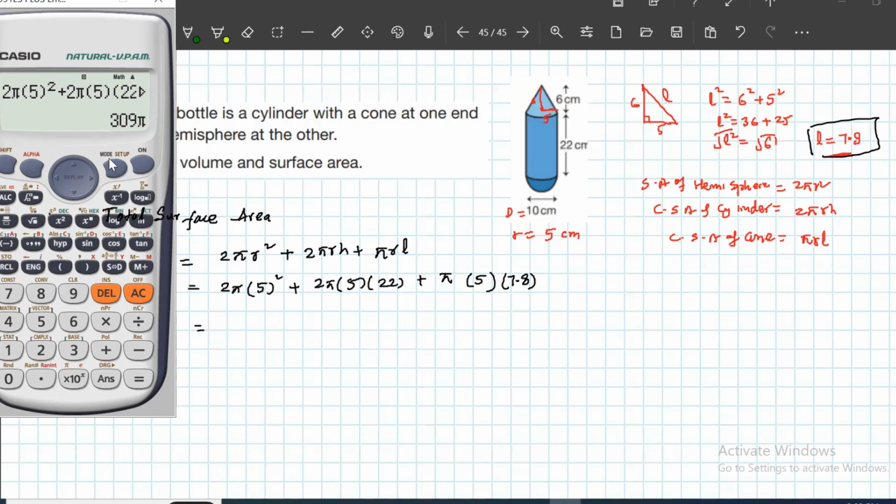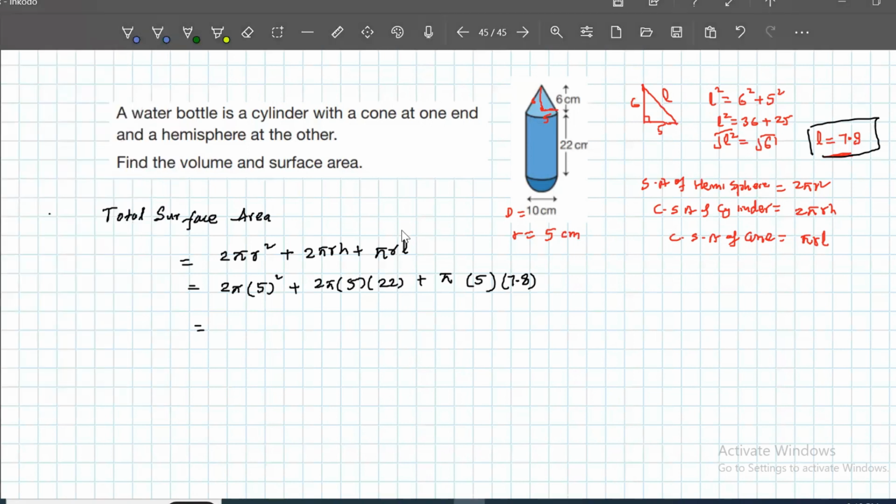When we press equal, we will get 309 pi and this is equal to 970.75. So for three significant figures, we can say 971, and it is in centimeter square. I hope it is clear.